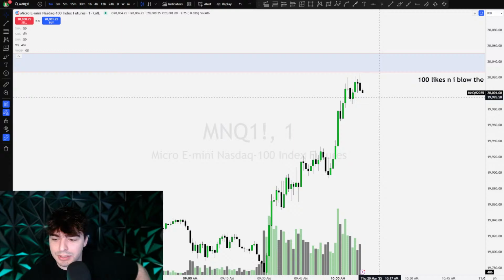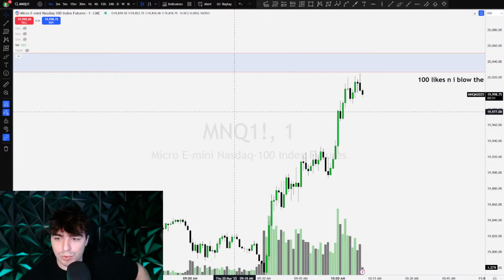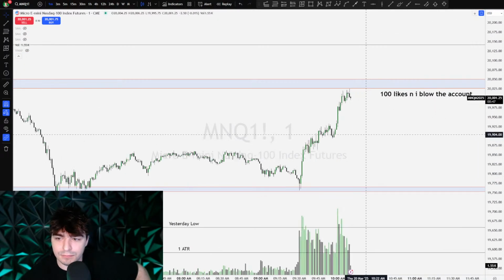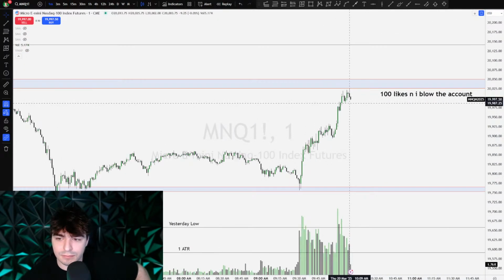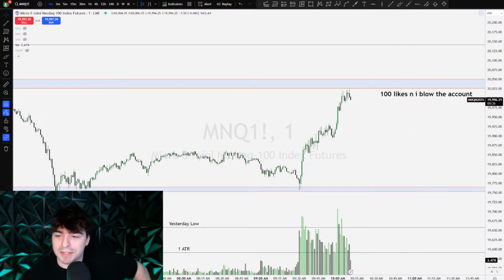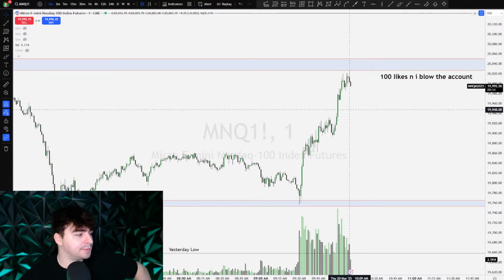All right, we're starting to see a little bit of selling pressure here. Hopefully that's not the top. We are top hunting right now, looking for that top.